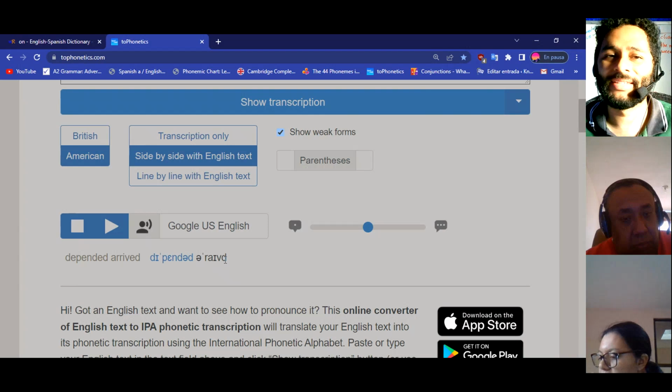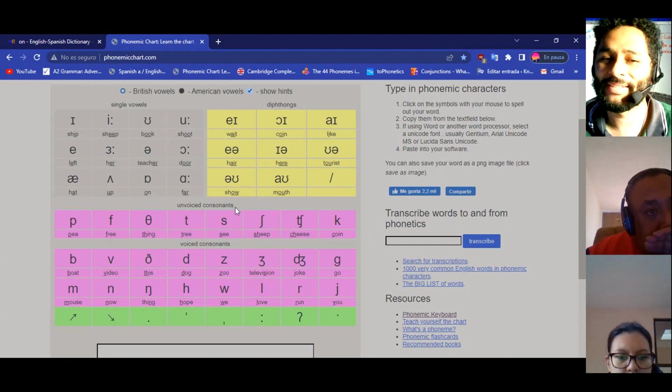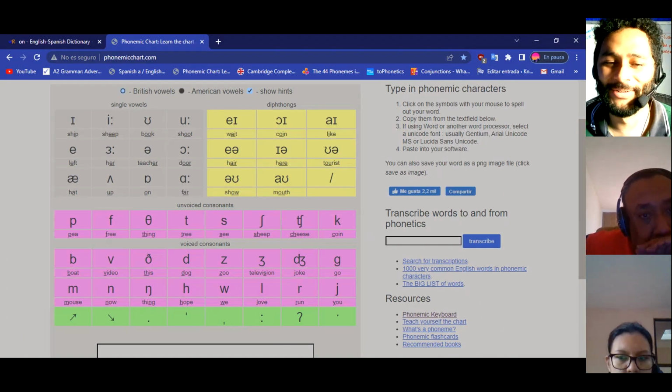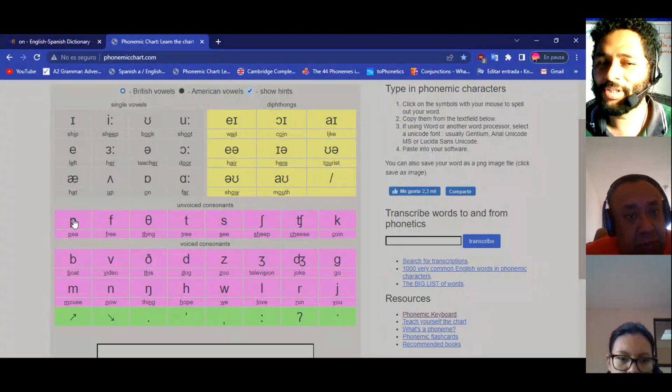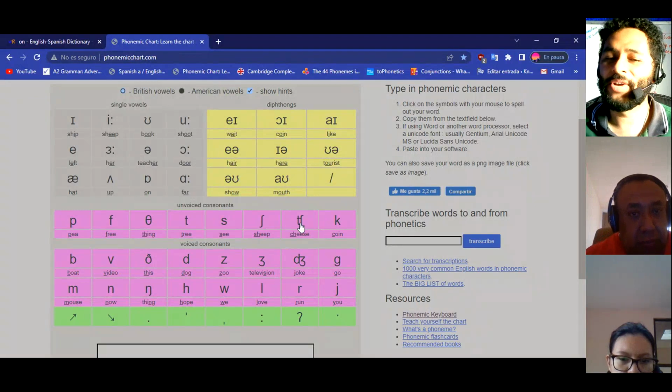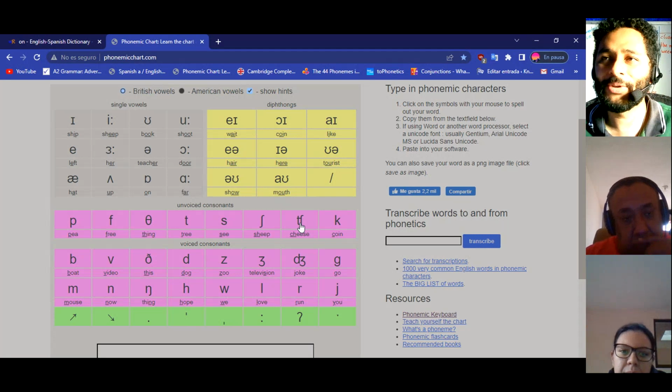Ahora, para saber entonces cuáles son unvoiced y cuáles son voiced, mira, aquí está. Esto está muy útil, ¿sabes? Son de esos símbolos raros, les dicen fonemas. ¿Para qué es un fonema? Pues es el sonido.